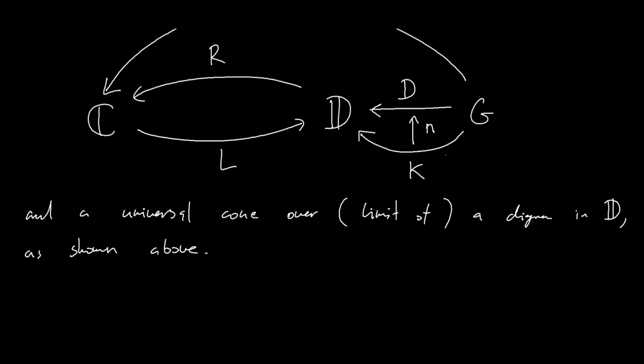So this data of the object K and the natural transformation n is the universal cone.